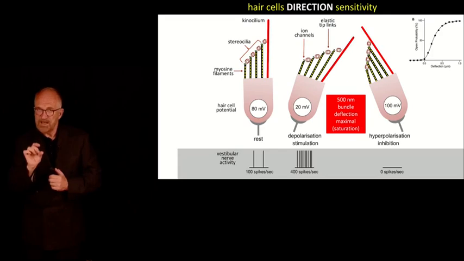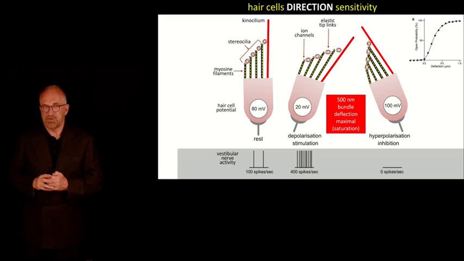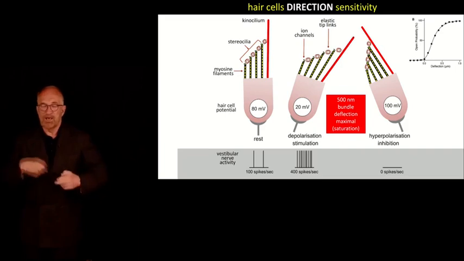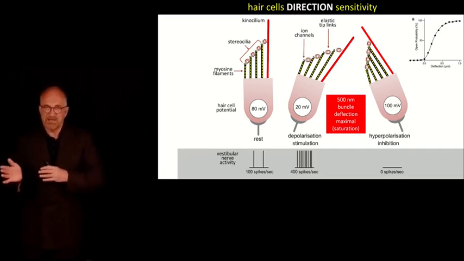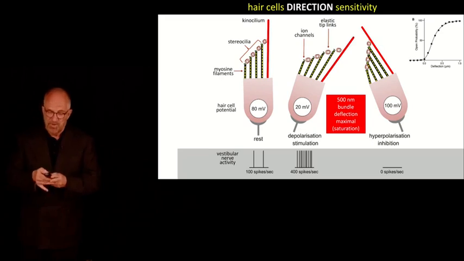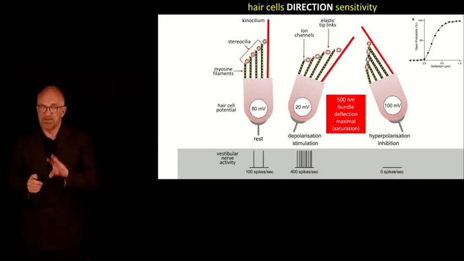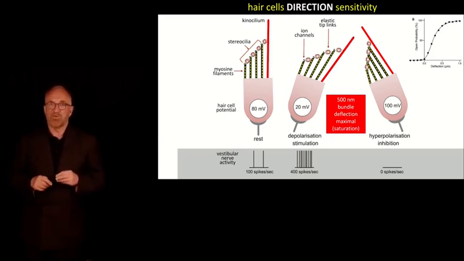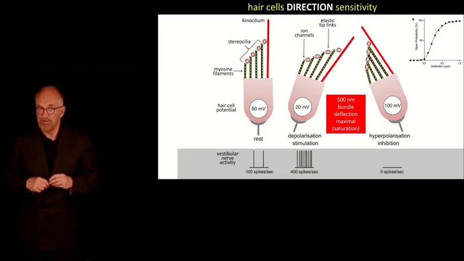So this means that this hair cell is an asymmetric sensor. By putting hair cells in a different way in the labyrinth, you can detect in which direction the labyrinth is moving. So keep that in your memory as a basic background for the functioning of the labyrinth.